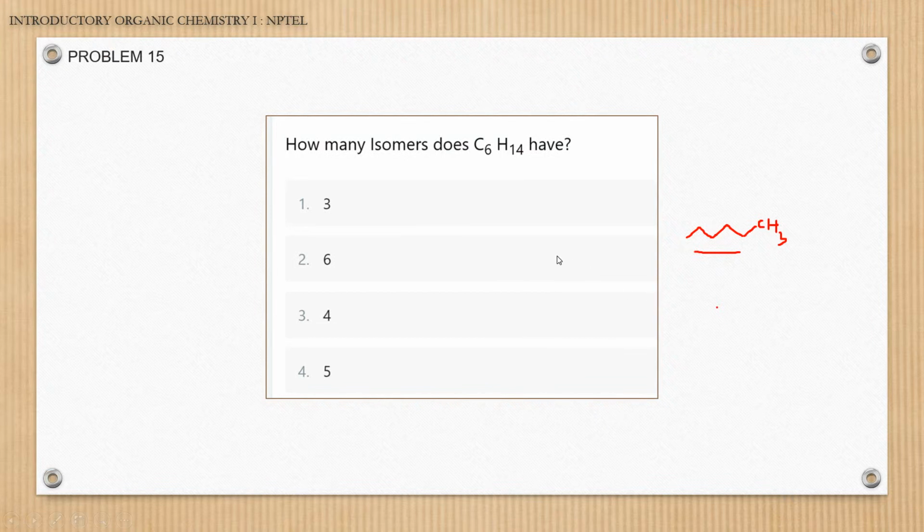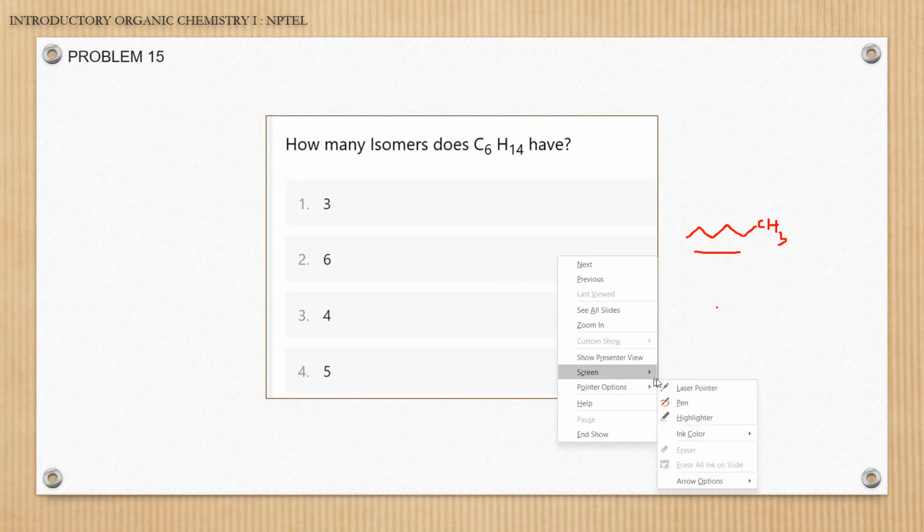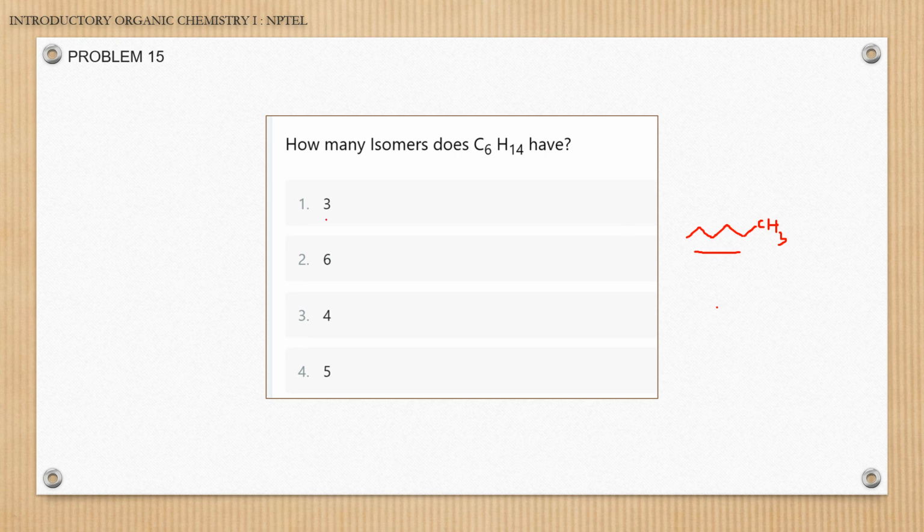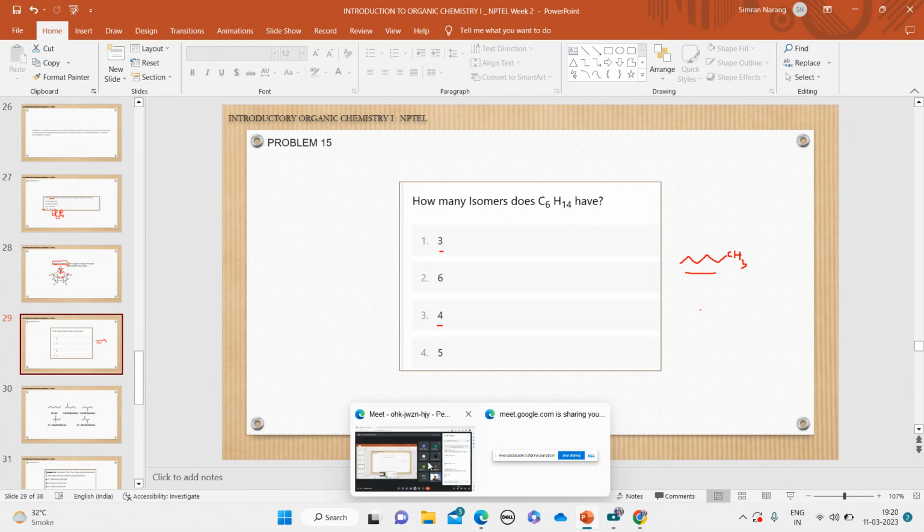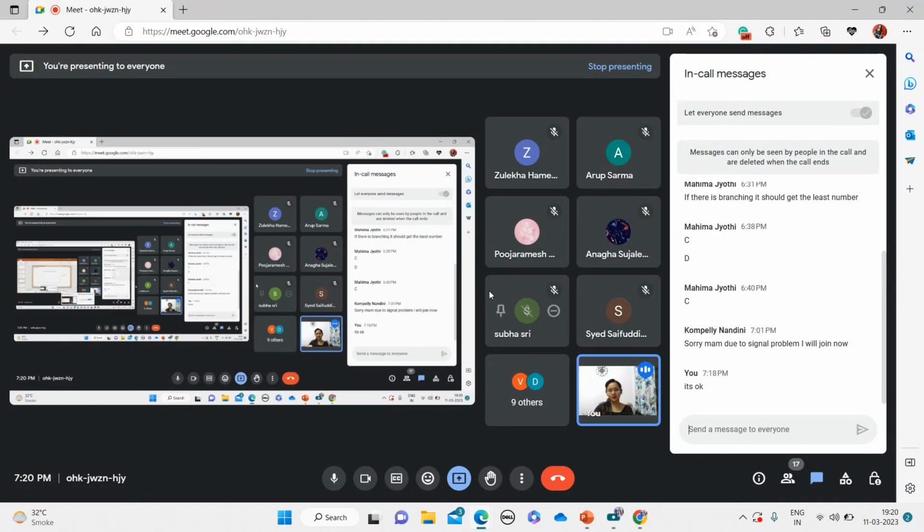Any other answer than this? Is it 3 or 4? 3 and 4. I'm not able to understand what is happening here. If someone wants to join, or why am I getting a notification?